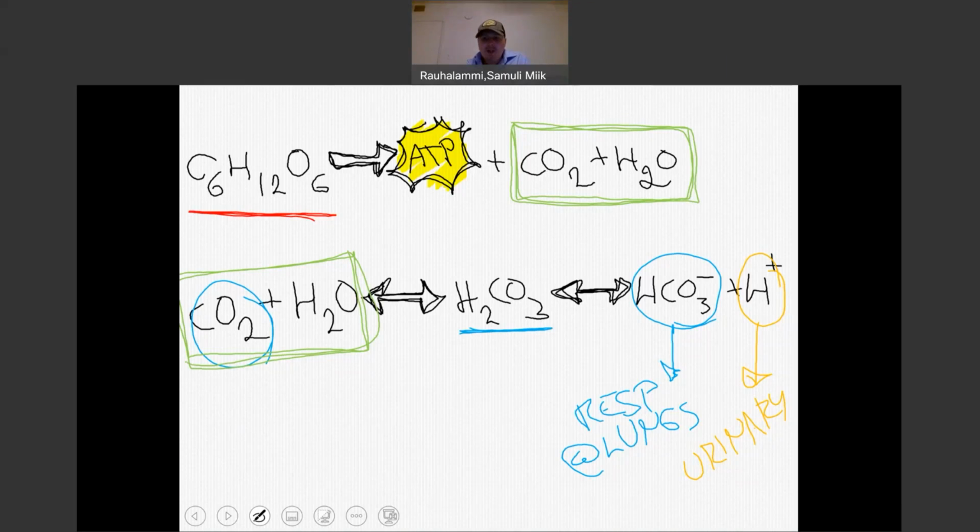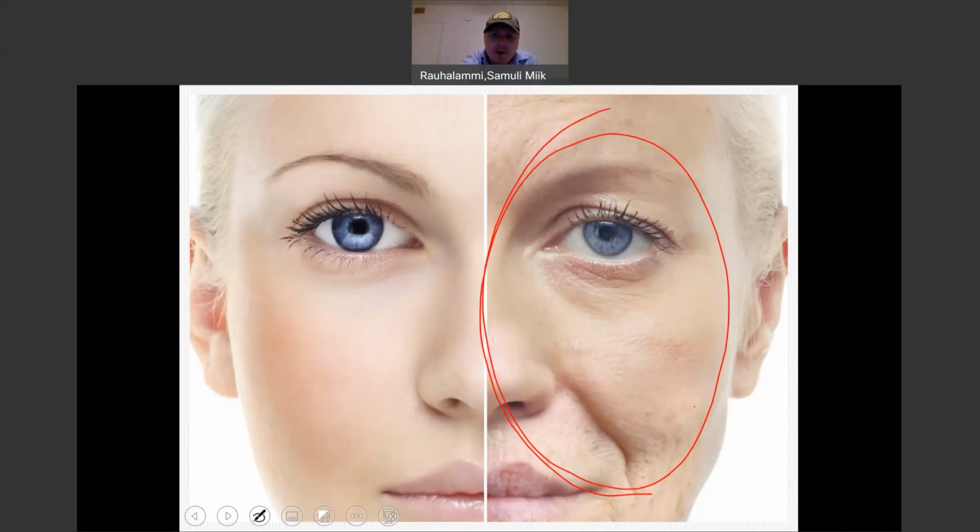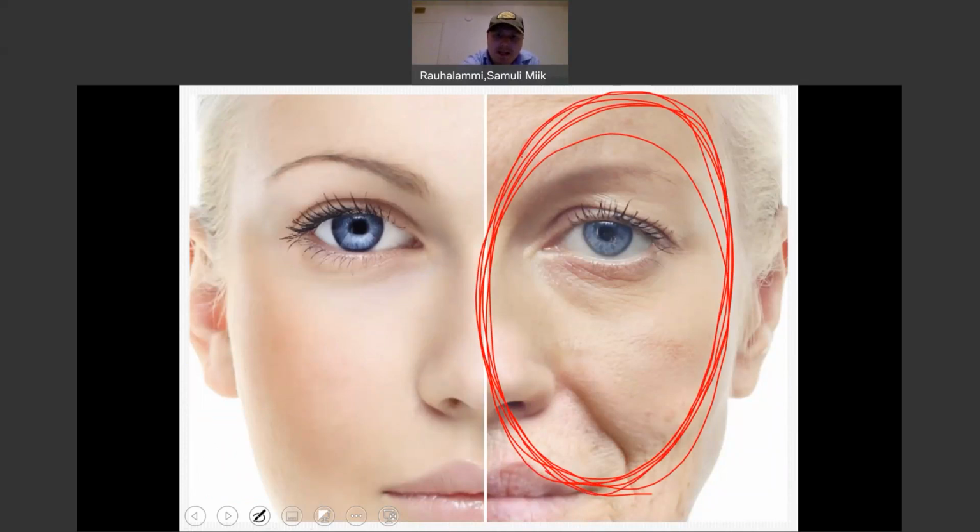A couple of words that I just want to discuss about what happens as we age. I feel that we don't always spend enough time talking about age-related changes. So let's have a look at that as it relates to the respiratory system. The cilia become less active within the trachea.